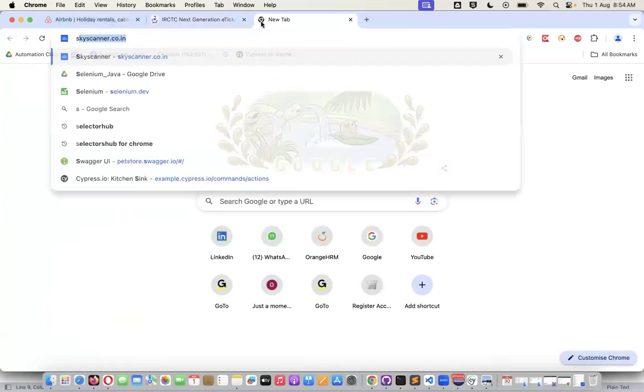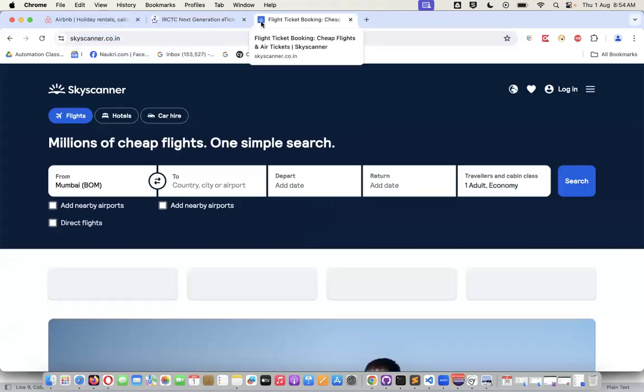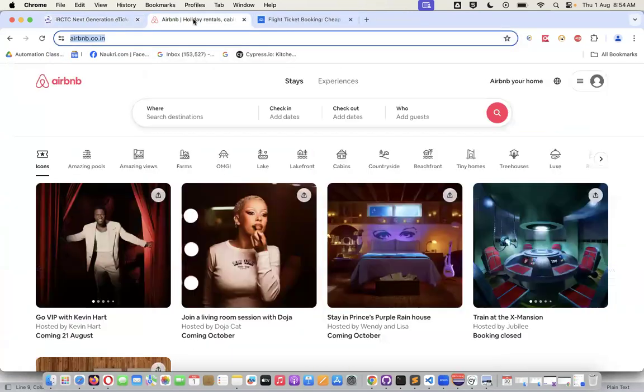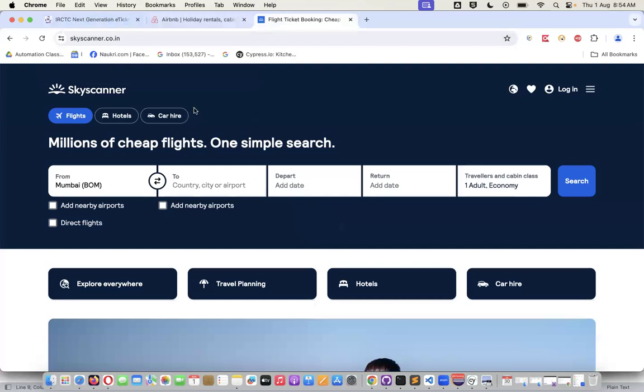Now I will introduce one more website, skyscanner.co.in. Now, if you compare these three websites, obviously they have different businesses, guys. The first thing is it purely depends on the type of business which the particular application is in.